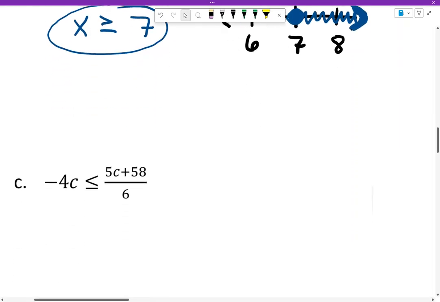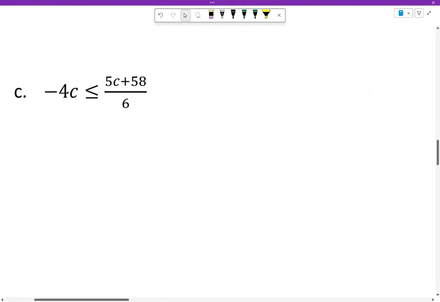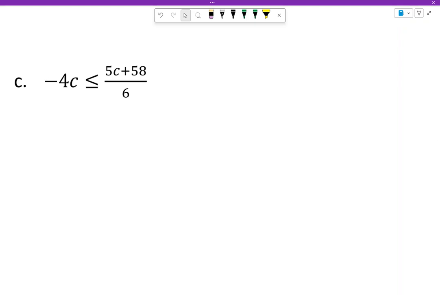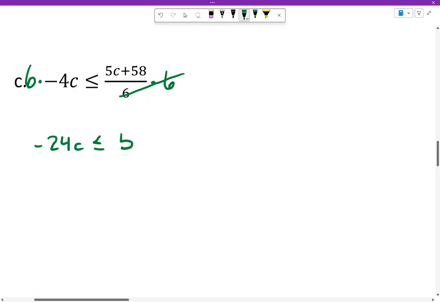Okay, we've got one more. Negative 4c is less than or equal to (5c plus 58) all over 6. Well, just like an equation, we would start this by multiplying both sides by 6. So negative 24c is less than or equal to 5c plus 58.